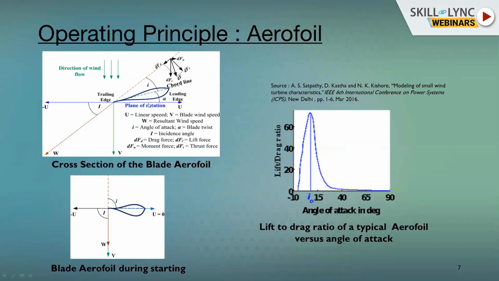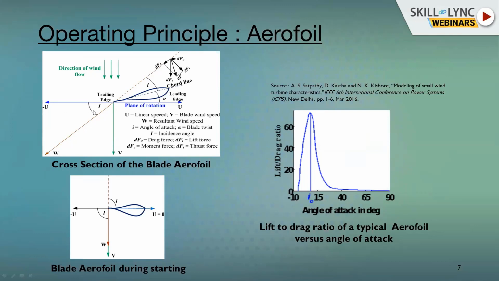So supposing this U becomes very high, what will happen? Our W will shift towards U. Supposing V is fixed, now U increases, so W will move towards U. Now if W moves towards U, then this capital I will reduce.